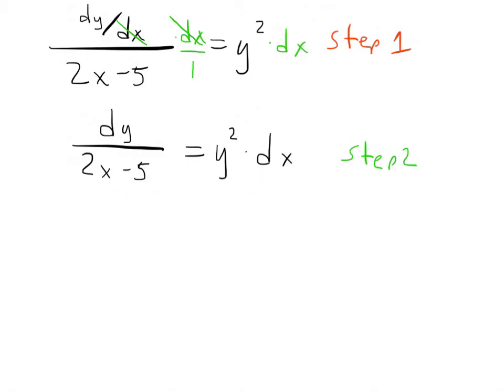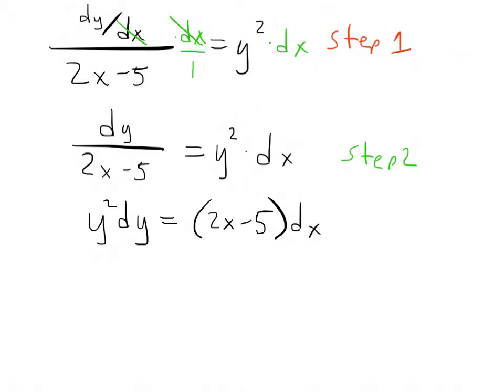How am I going to accomplish that? I could divide both sides by y squared and multiply both sides by 2x minus 5, all in one step. If I do that, I end up with y squared dy equals 2x minus 5 dx.